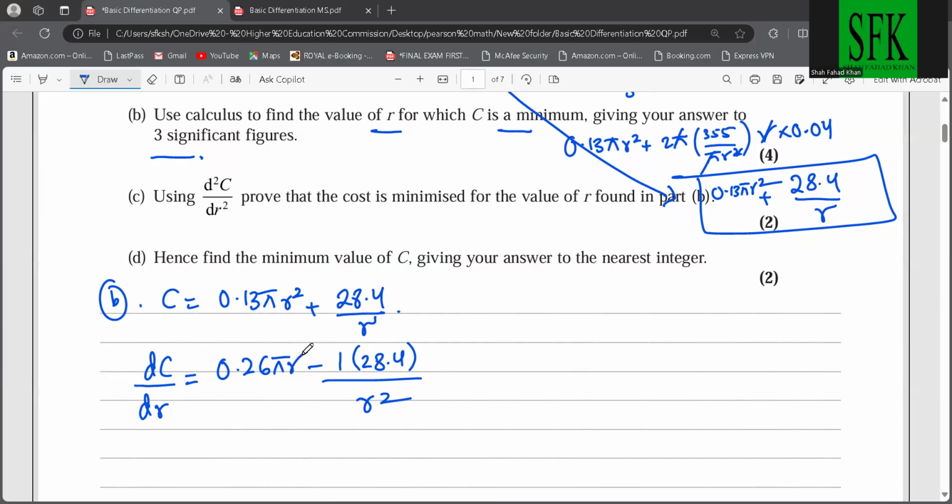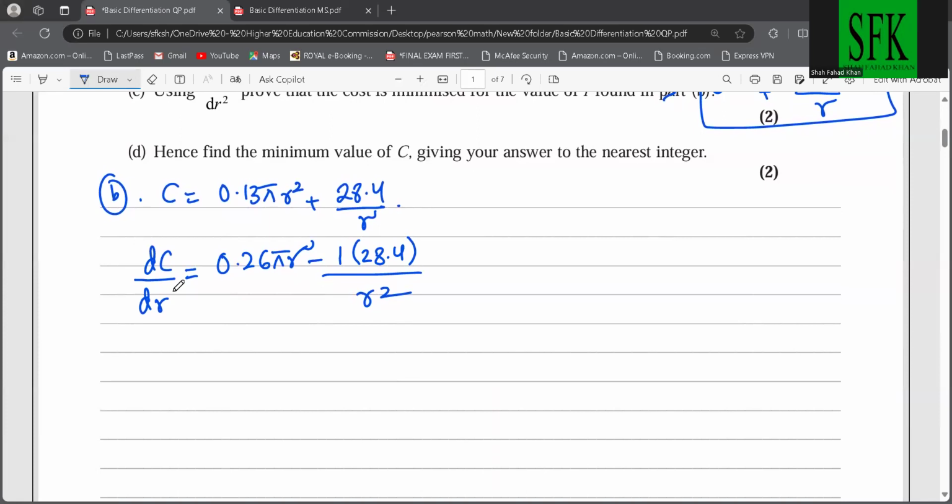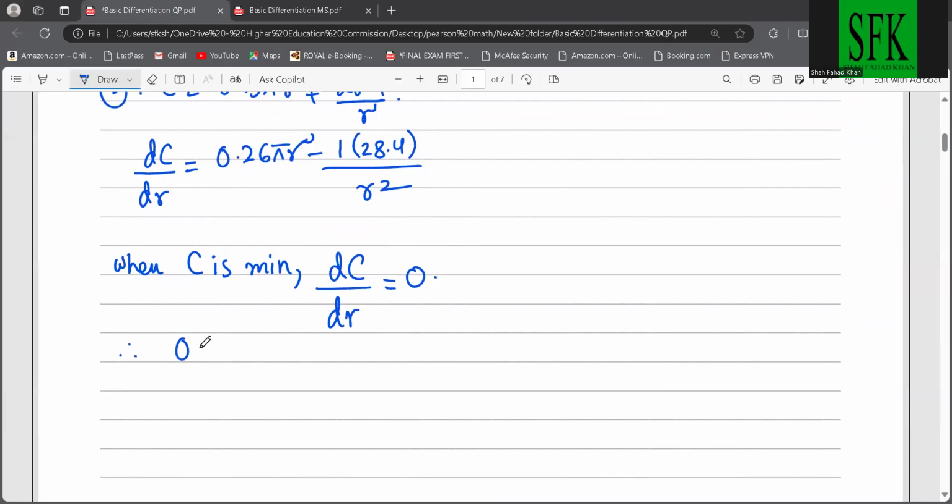Once we do that, we equate this whole thing to 0, because when C is minimum, what will the gradient be? Minimum means a stationary point, so the gradient will equal 0.